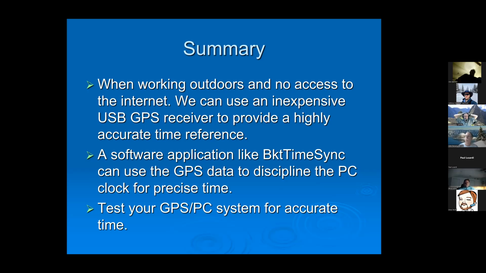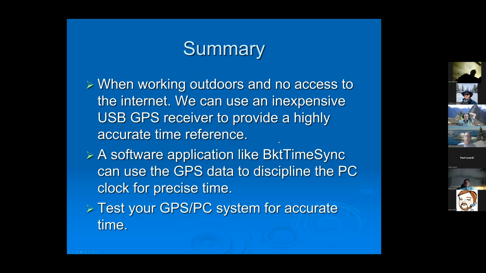So you want to make sure that when you set this thing up, you also do a little bit of testing on your GPS and PC to make sure that it's really accurate. And then when you test that, Mike, isn't it good to just completely disconnect from any internet connection? Yeah, otherwise you'll be confused. Now, the problem is that you've got a double-edged sword.